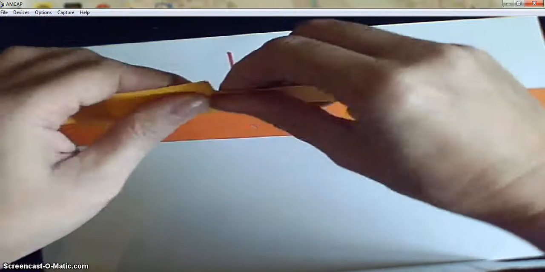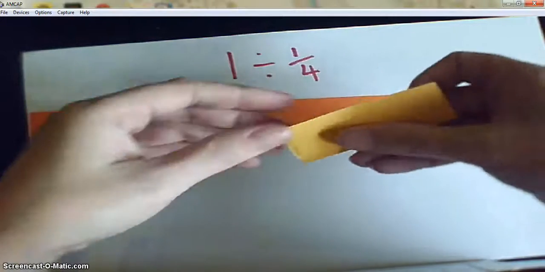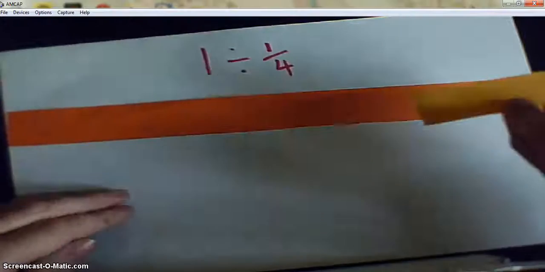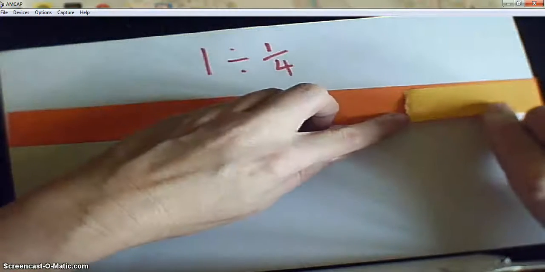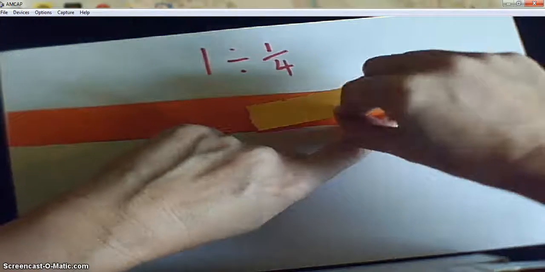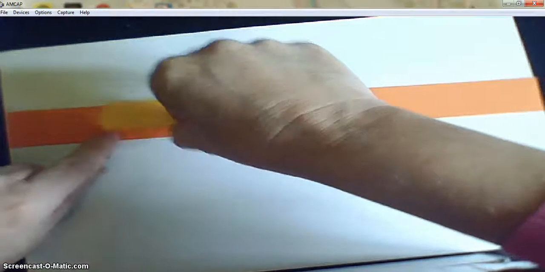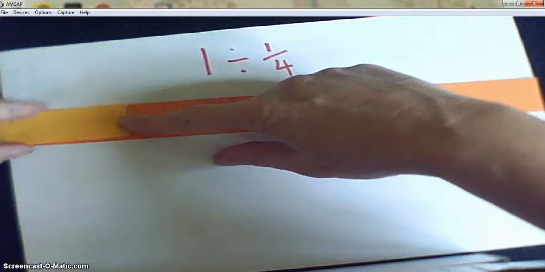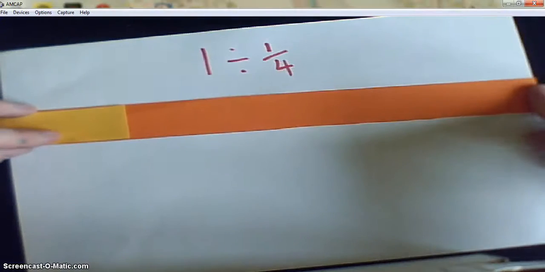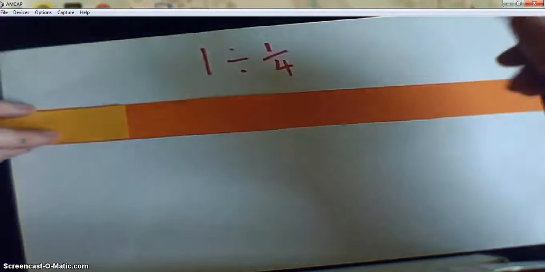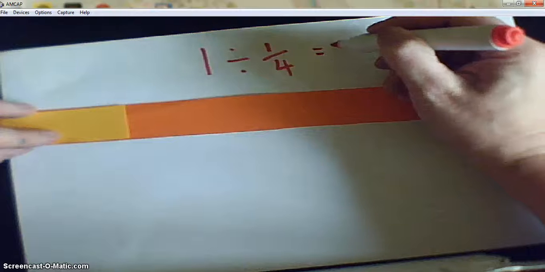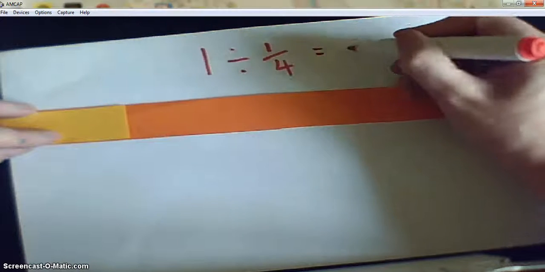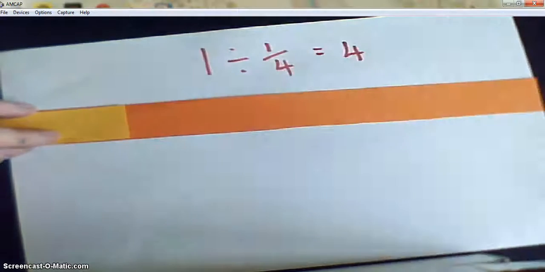I quite like literally taking the quarter and saying to myself, well, it fits in, I'm leapfrogging over, it fits in once, twice, 3, 4 times, or it should do if I folded it properly. So we know that a quarter fits into 1 four times.